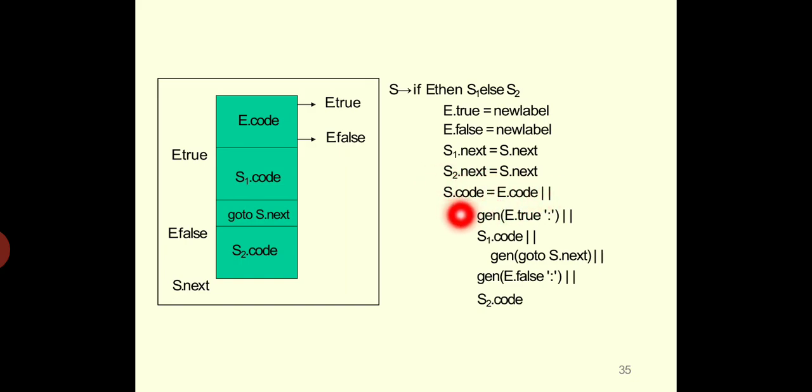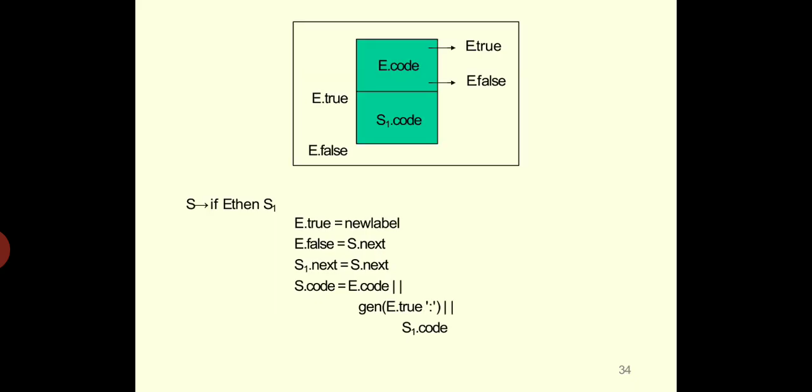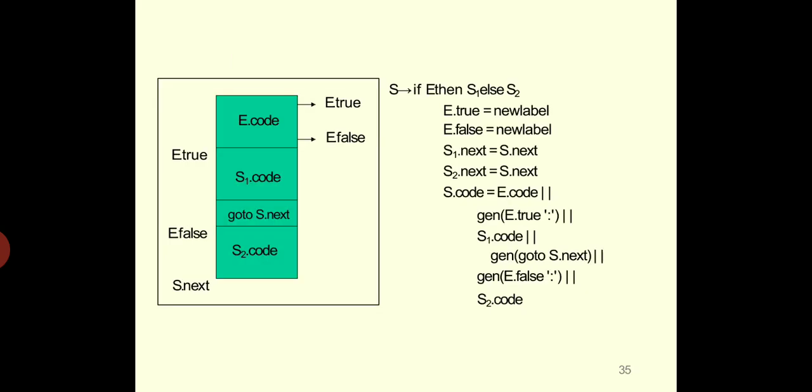The code for S will be the concatenation of the expression code, then generation of E dot true, then S1 dot code, then it is combined with go to S dot next.